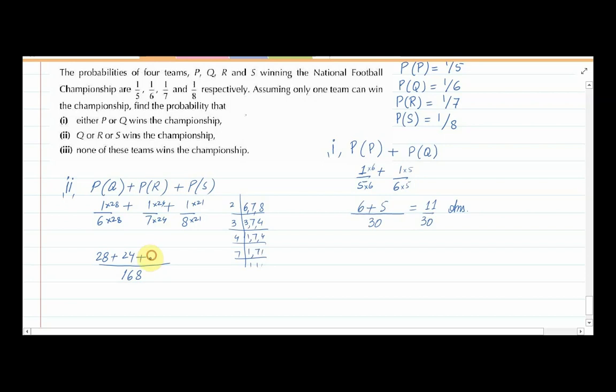Now 28 plus 24 plus 21 is 73 divided by 168, right? Can you simplify it further? You cannot, because 73 is a prime number. So that is your answer. You cannot simplify it further.